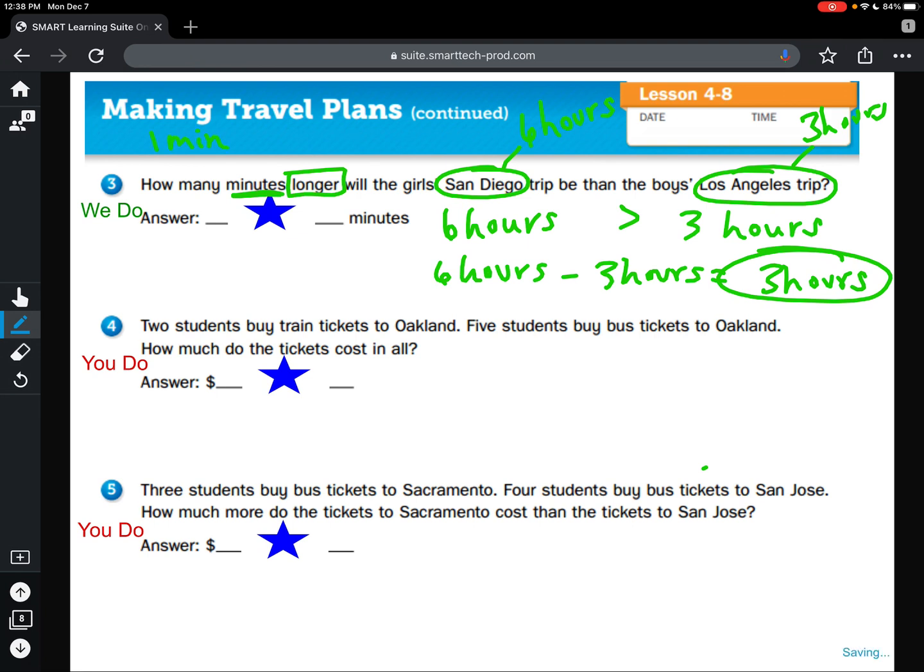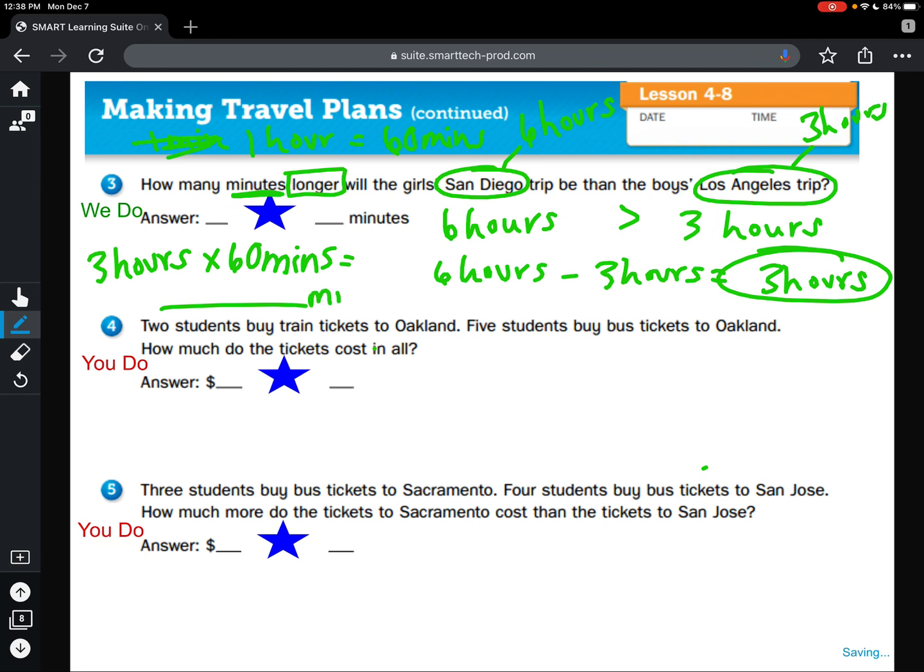So in 1 hour, how many minutes are there? 60 minutes. So if the girls' trip is 3 hours longer, but they want us to answer it in minutes, I'm going to do 3 hours times 60 minutes to get my answer here.